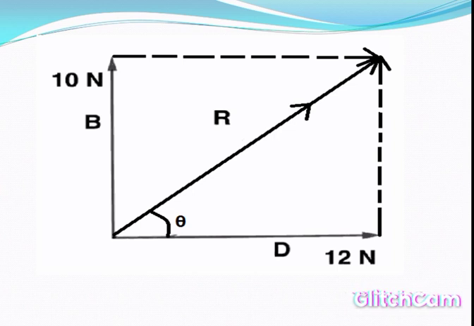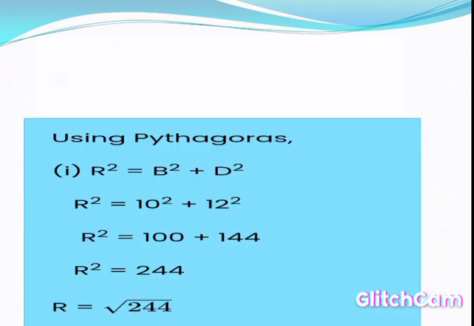So what you do is draw a complete right angle, showing that the side opposite to B has the same magnitude as B, which is 10 Newton, and the side opposite to D also has the same magnitude as D, which is 12 Newton. Now, to get the resultant arrow, we apply Pythagoras theorem.